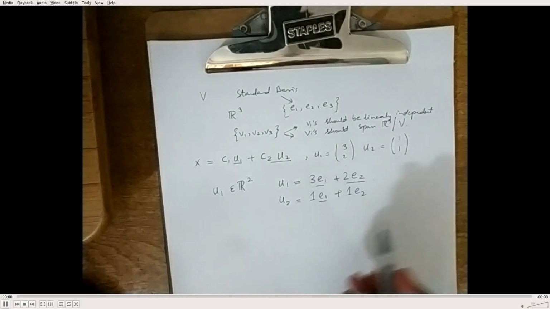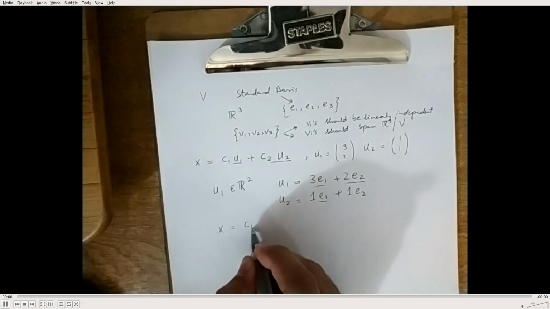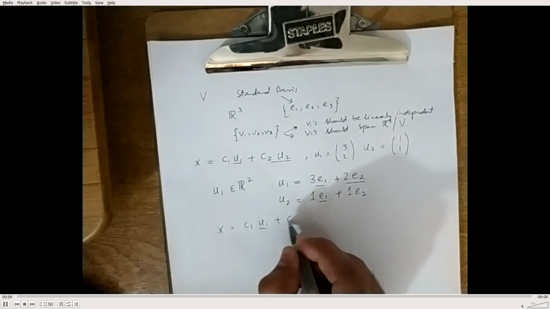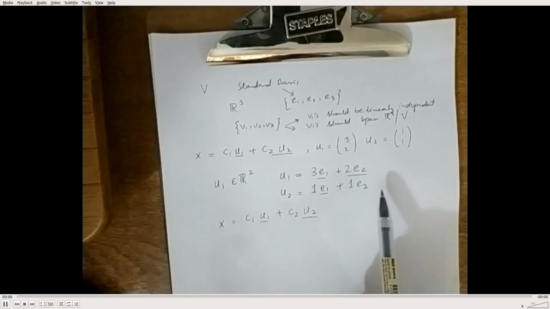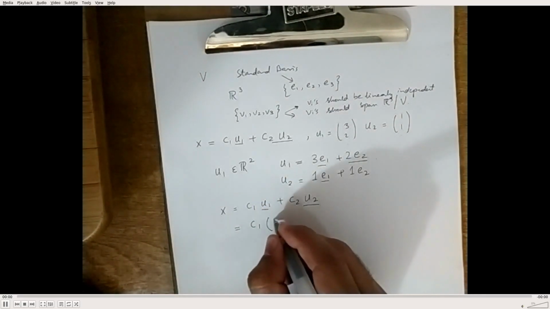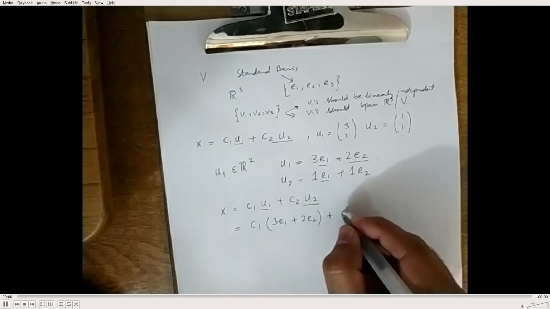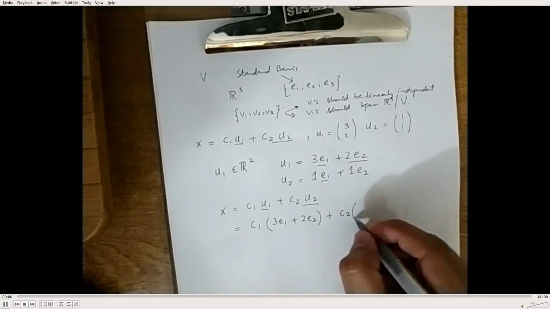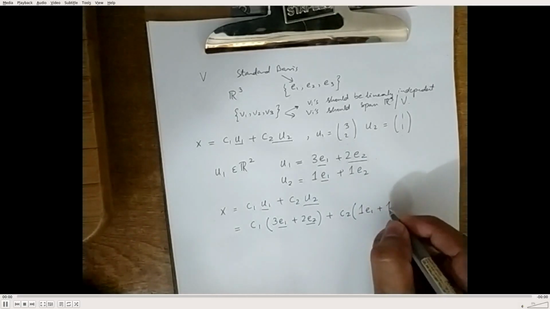So I've done nothing but represent these two basis vectors in terms of the standard basis. Okay. Now consider this. X was simply C1 U1 plus C2 U2. I have already expressed U1 in terms of E1 and E2 and U2 in terms of E1 and E2. Then I can expand this expression and write C1 times (3E1 plus 2E2) plus C2 times (1E1 plus 1E2).